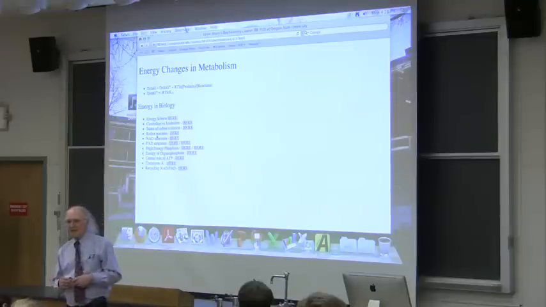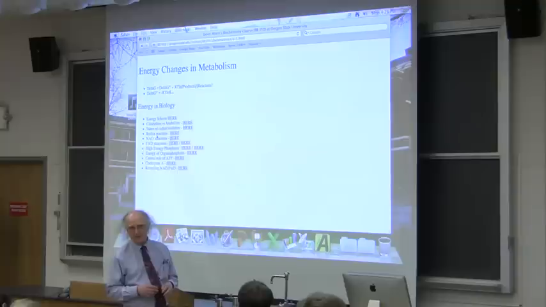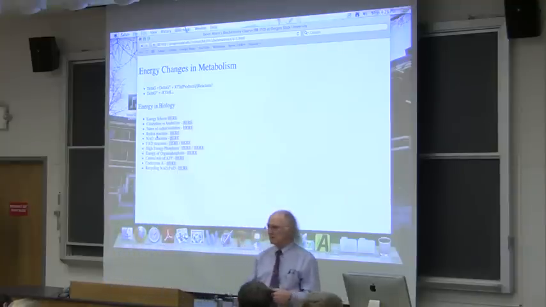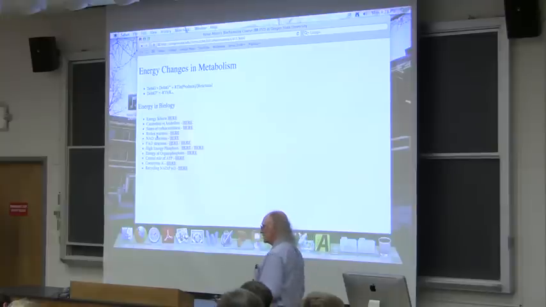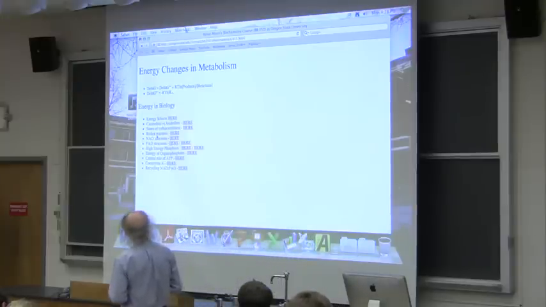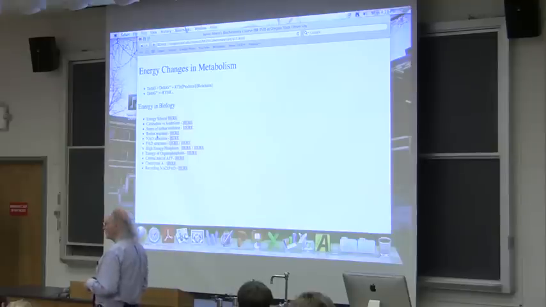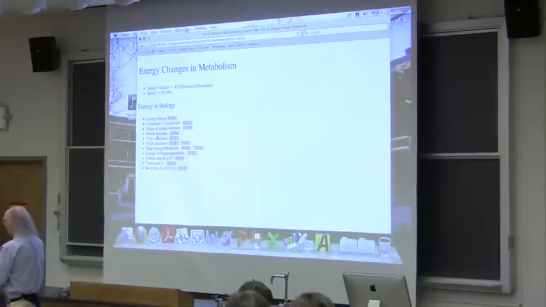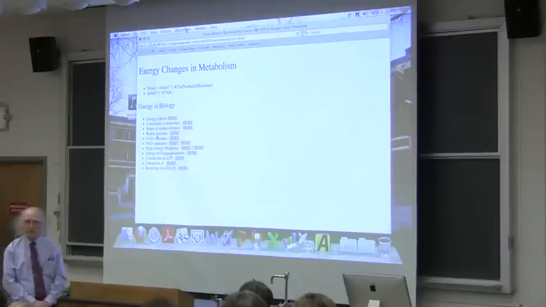R is simply the gas constant R. It's just a number. It's a constant. T is the temperature, and in this class, we won't vary temperature. We'll always use 300 degrees Kelvin. Okay? And now we have concentration of products divided by concentration of reactants, just like we had concentration of salt divided by concentration of the weak acid.